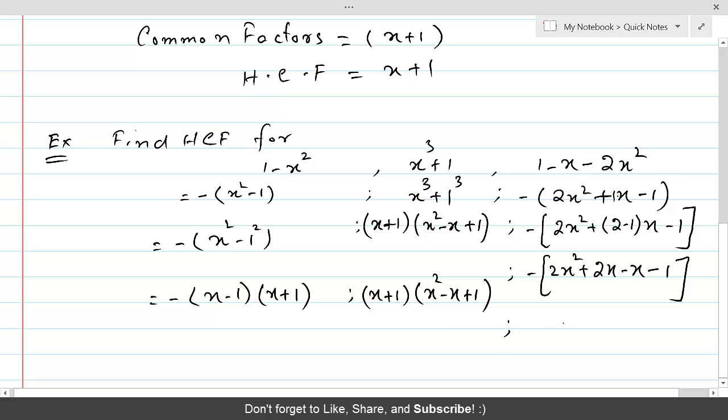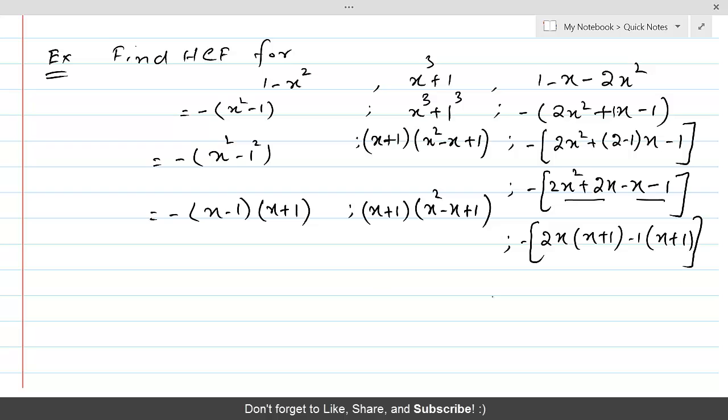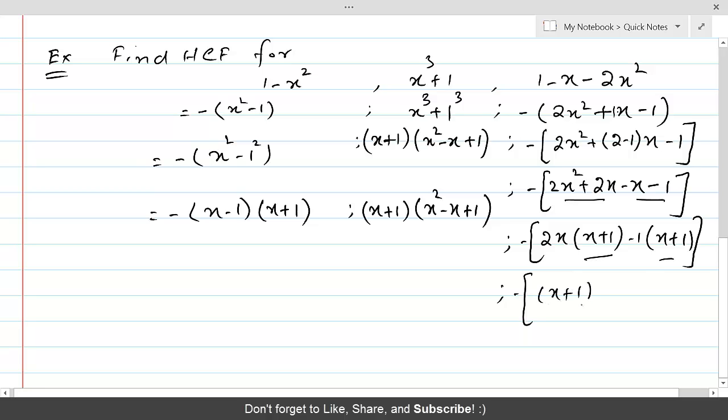If we take 2x common, we get 2x into x plus 1, and if we take minus 1 common here, this would be x plus 1. So x plus 1 is common, and we get x plus 1 times 2x minus 1. No need for this bigger bracket here.